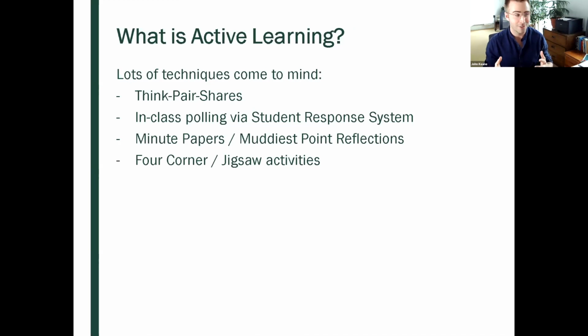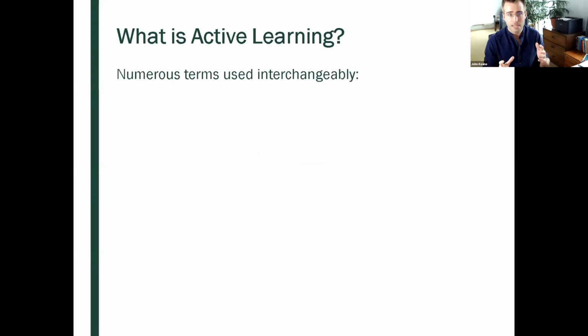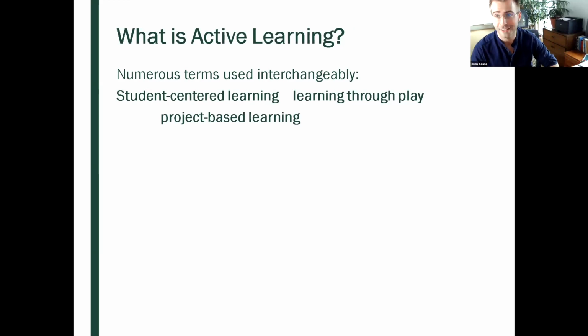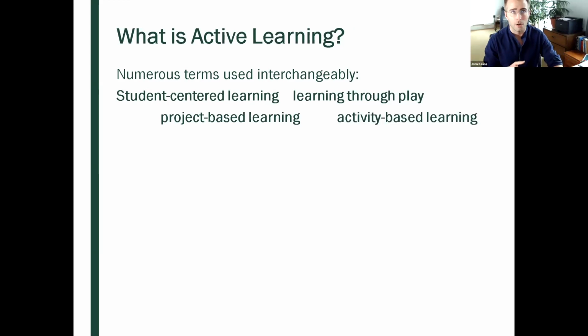Certainly, there are some activities that are well-placed at the K-12 level, four-corner or jigsaw activities that I've struggled to figure out a way to use in a large lecture hall. Similarly, active learning has a whole bunch of terms associated with it that I often hear people using interchangeably: active learning, student-centered learning, learning through play, project-based learning, activity-based learning, basically the same thing.